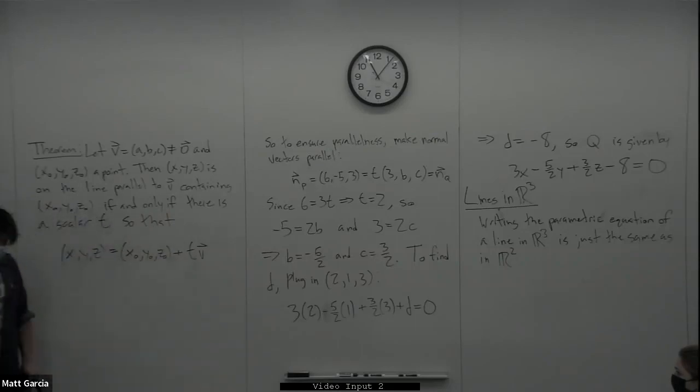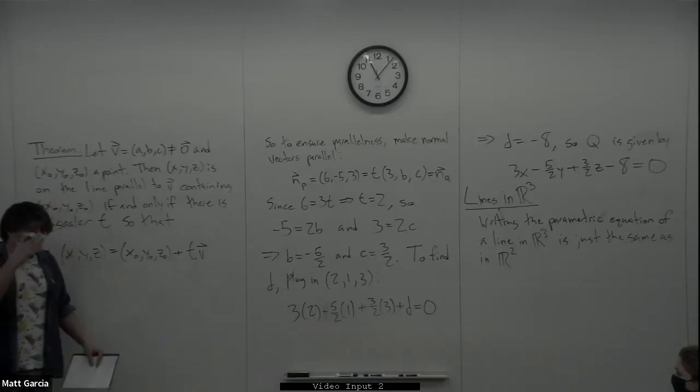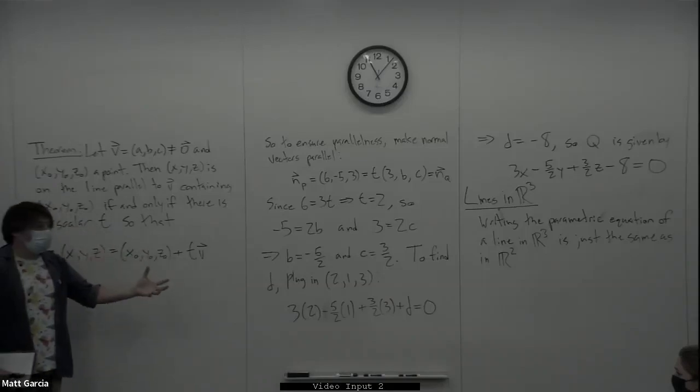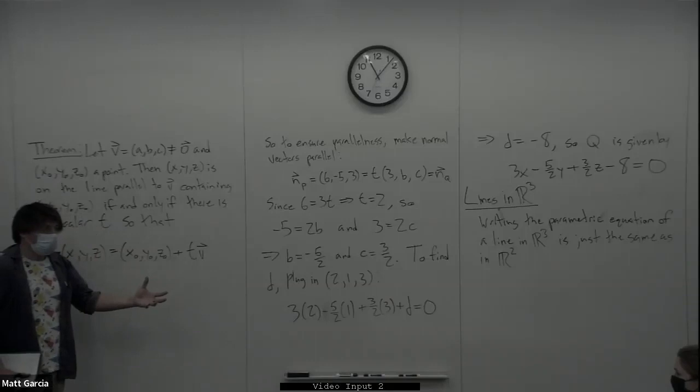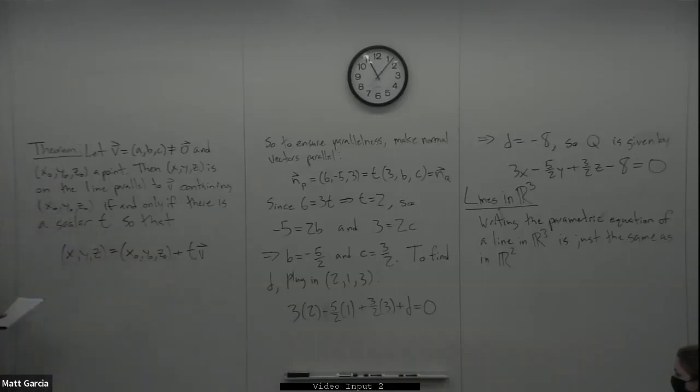Over the times that I taught this course, I perhaps emphasized that fact less in the beginning. But in general, this is the case. If you want to parameterize something n-dimensional, you need n parameters. Okay? Remember that.